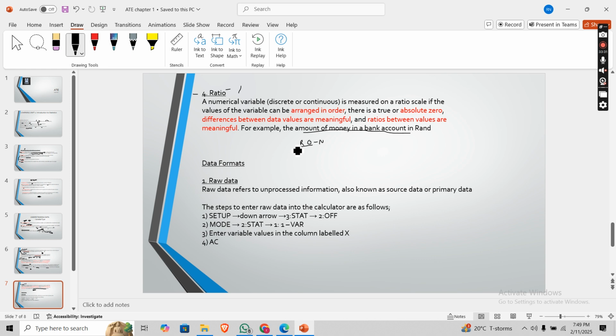So standard number 2 says the difference between variable values is meaningful, which means the difference between 20 rands and 10 rands is the same as the difference between 30 rands and 40 rands, which is what? 10.